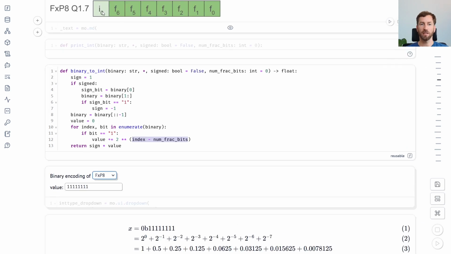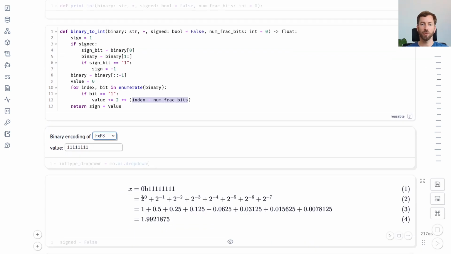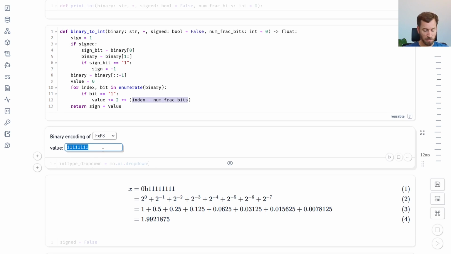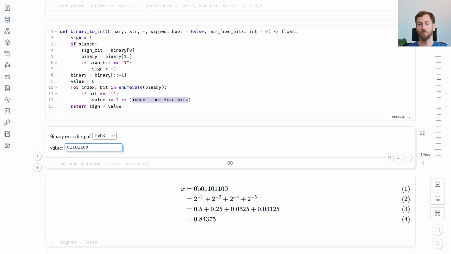Only the integer bit contributes to values that are larger or equal to 1, and all the other contributions accumulated are always smaller than 1. So here this would be the largest value. If I enter some random sequence, we see that we can represent different values with fractions.